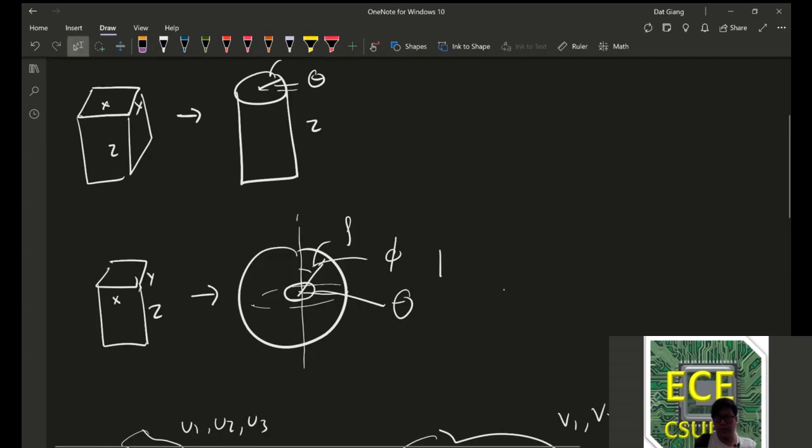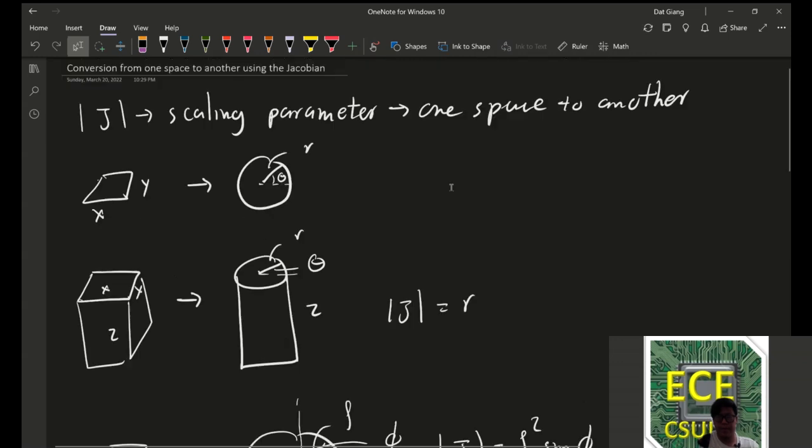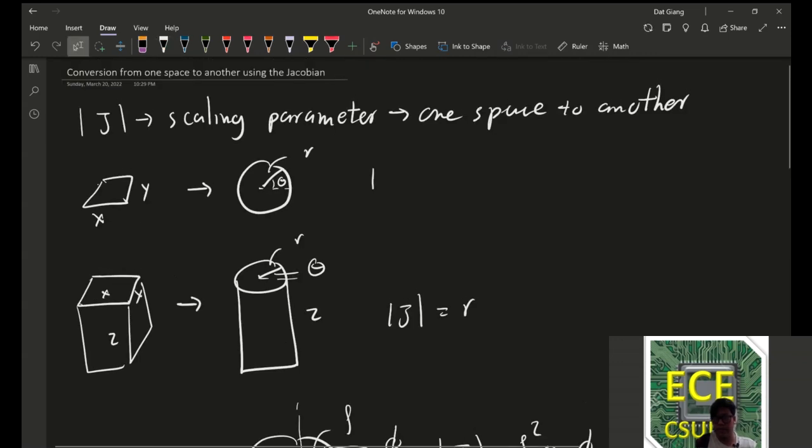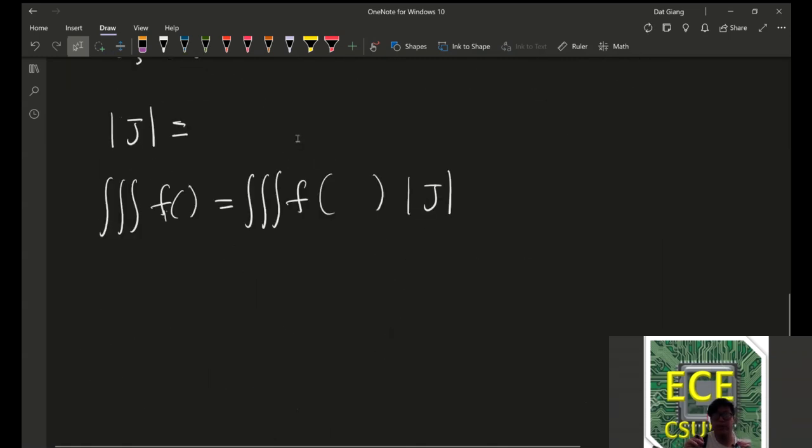Here, the Jacobian was rho squared sine of phi. The relation here was r. And finally, the relation here was also r. So the Jacobian is a very powerful tool which we can use to turn one space to another through some kind of scaling.